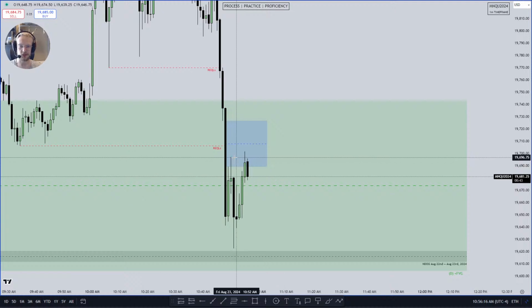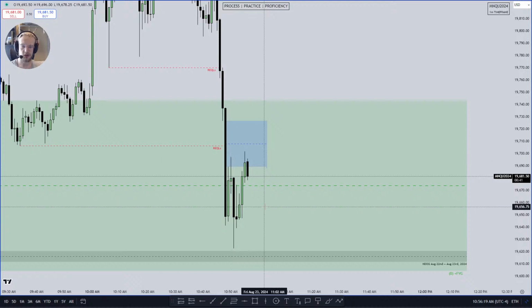Swept this buy side liquidity just above this short-term high.